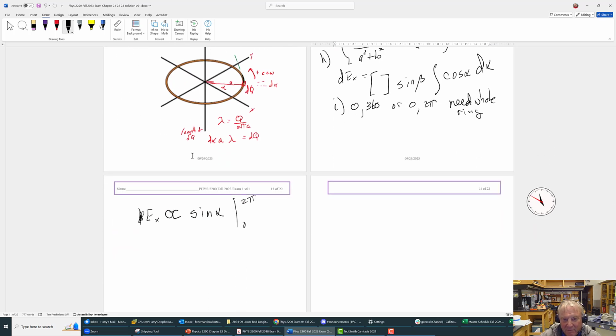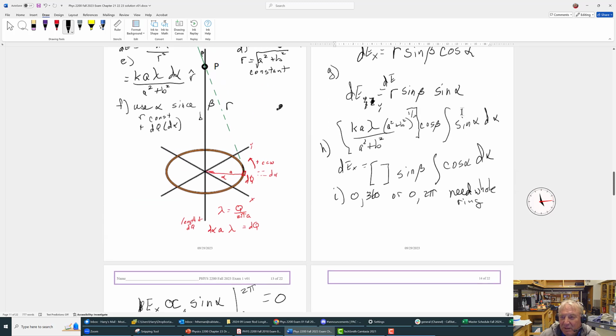And it equals 0 because the sine of 2 pi is, I mean 0, and sine of 0 is 0. And then E of y is proportional to cosine of alpha. Let's be careful.